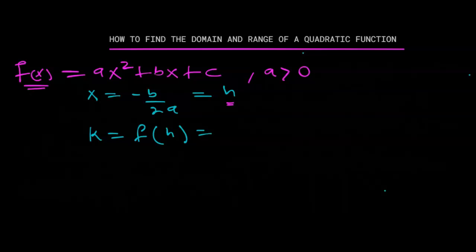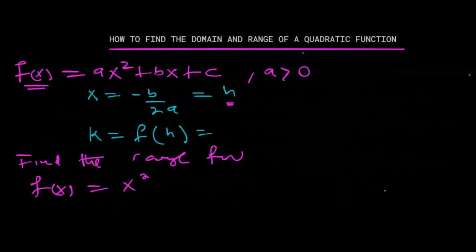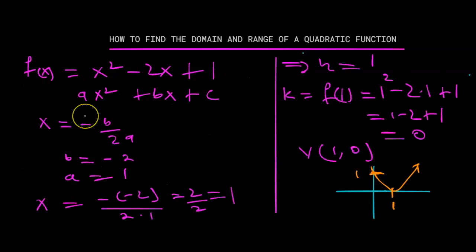This is one of the ways by which you can find the range. And so for example, let's assume that I ask you to find the range for f of x is equal to x squared minus 2x plus 1.